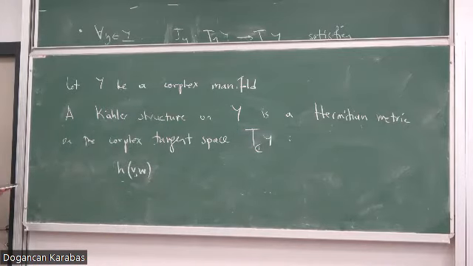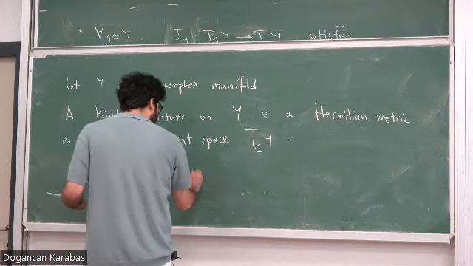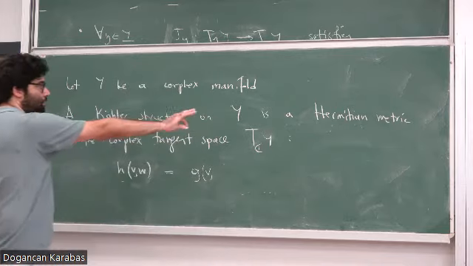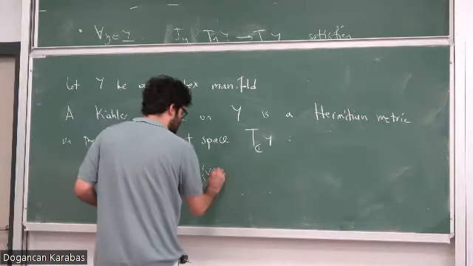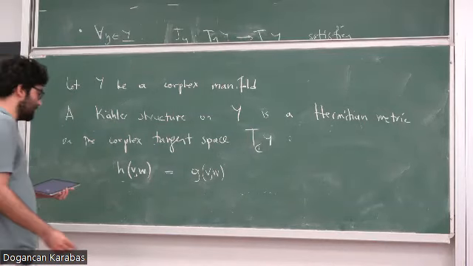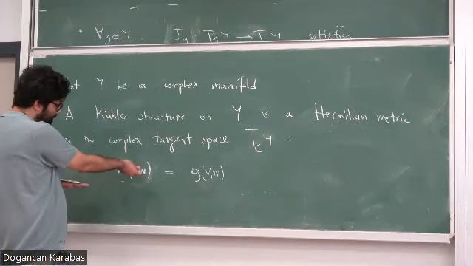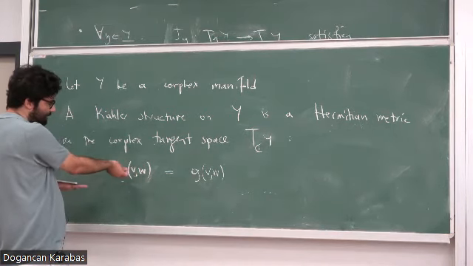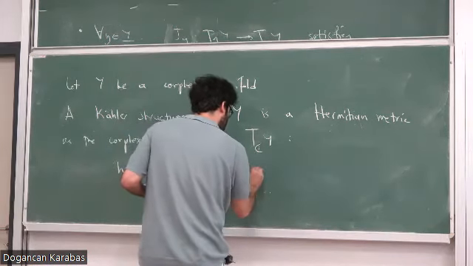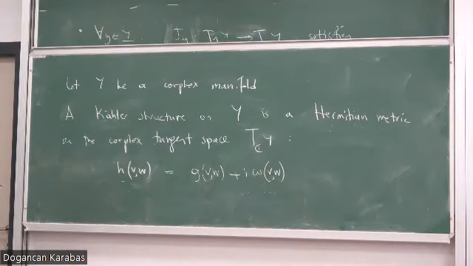I will skip these properties. Not just Hermitian, it's also a Hermitian metric, right? So it's not just a Hermitian form. It has certain positive definiteness properties. You can now decouple this complex valued thing into its real and imaginary parts, G and omega.